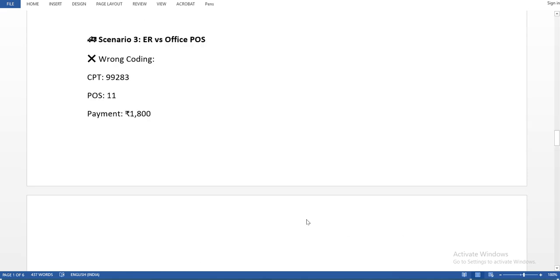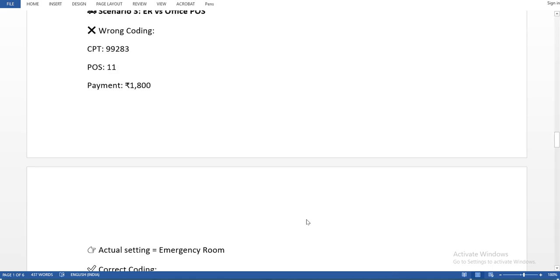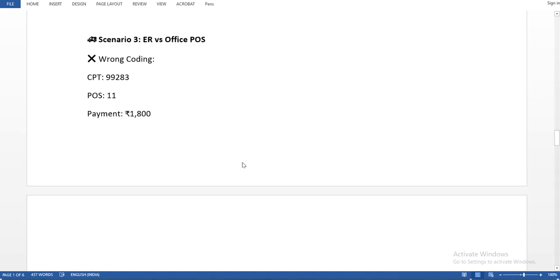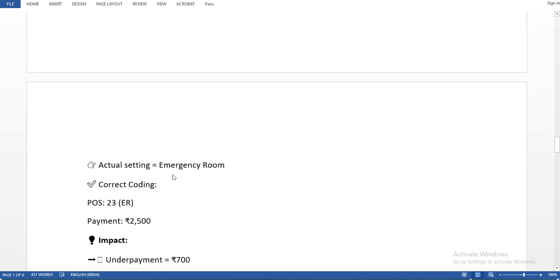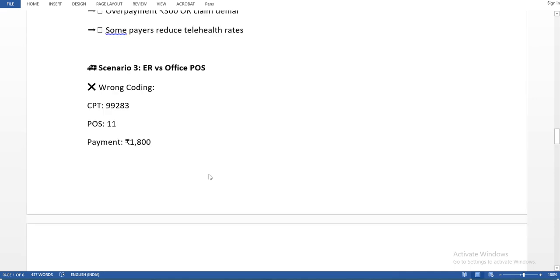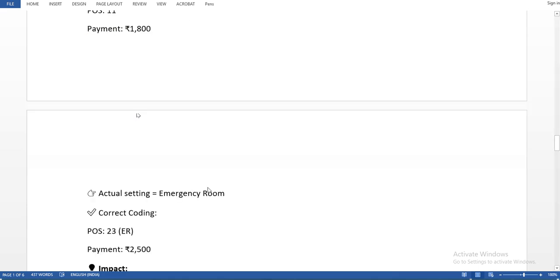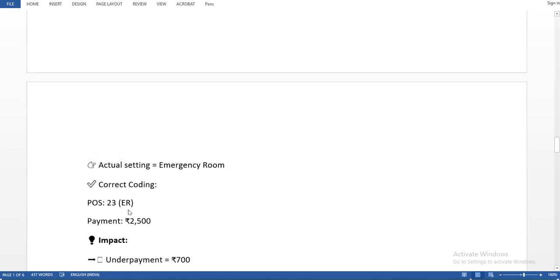Next we will see one more scenario related to ER versus office POS. So what is wrong here? As all of us know, CPT 99283 is related to E&M coding, emergency department evaluation and management services, but the coder coded it as POS 11. Here the hospital got $1,800, but the actual setting is the emergency room. 99283 is used in the emergency room only. So the correct coding is POS 23.